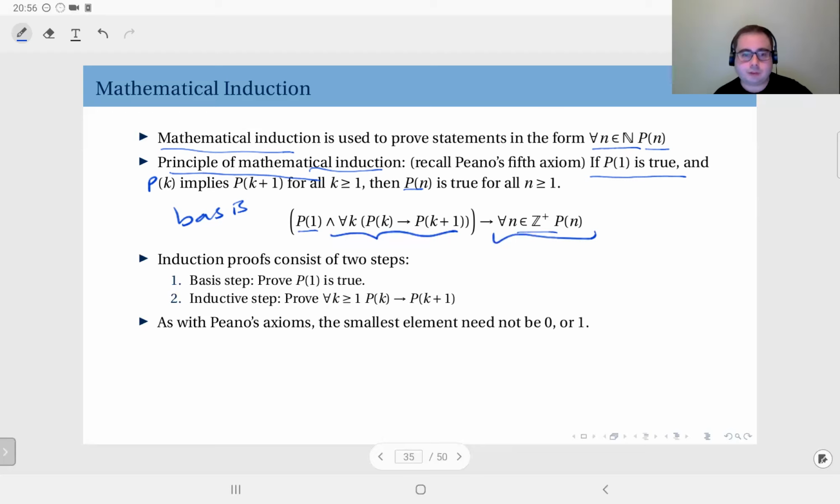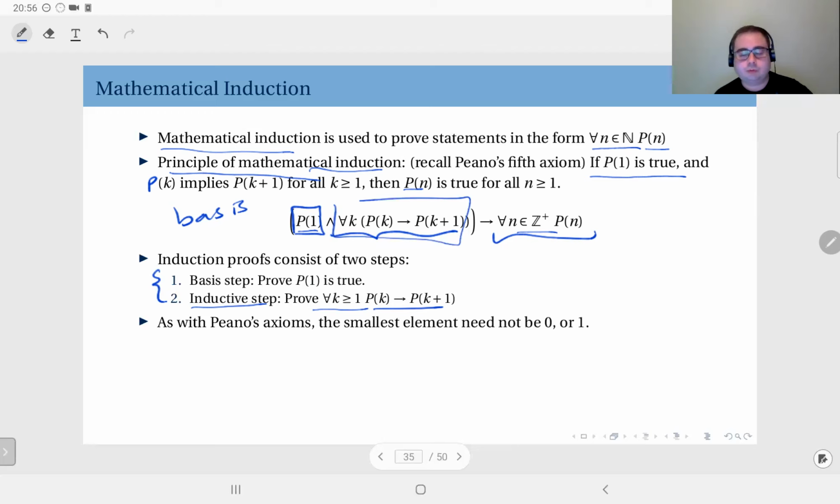That's the general picture. So what we are going to do is two steps. One is the basis step: prove P(1) is true. Number two is called the inductive step: prove for k values greater than or equal to 1, P(k) implies P(k+1).